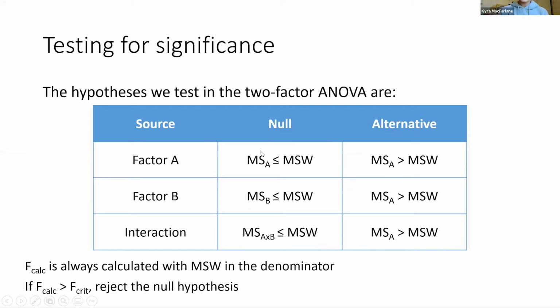So for factor A, B, and the interaction, the null is that the mean squares for that source is less than or equal to the mean squares within. The alternative is then that the variance for that factor or interaction is bigger than the variance within.